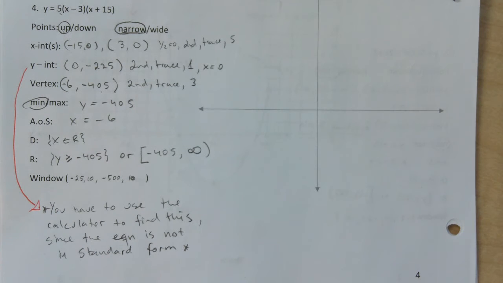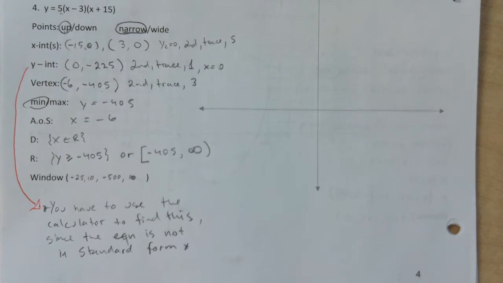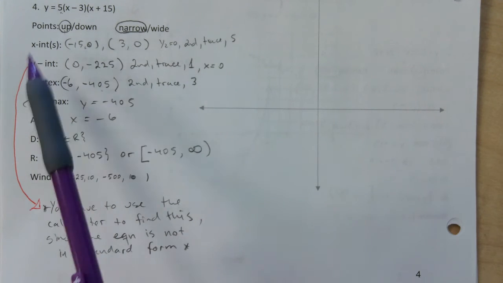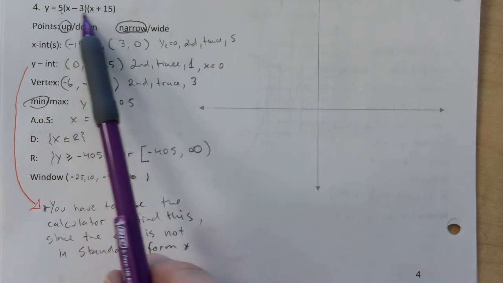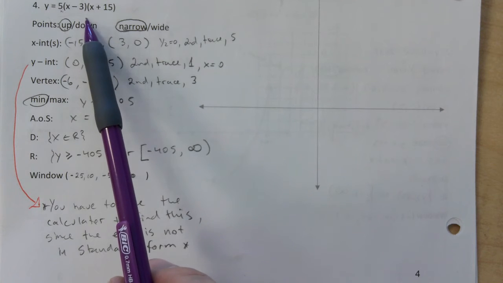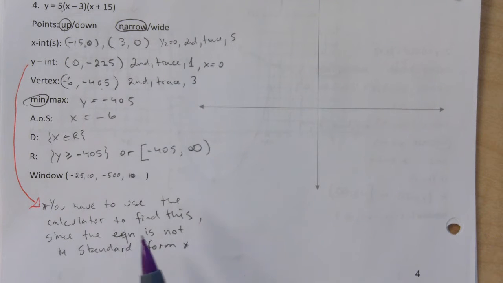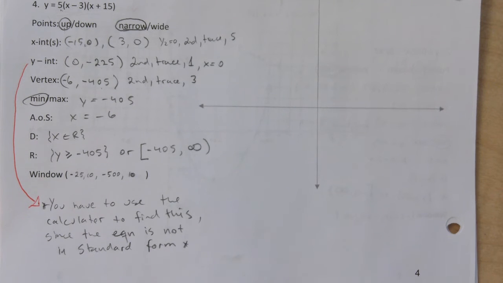So maybe on your study sheets, right? And you should maybe have one that looks like this, right? And then just tell yourself you can't use the calculator to come up with the equation to come up with the y-intercept. You have to use the calculator in order for you to find it.